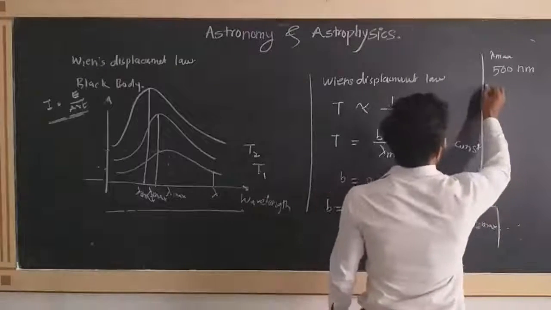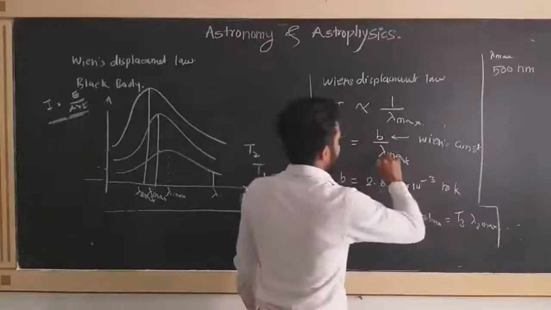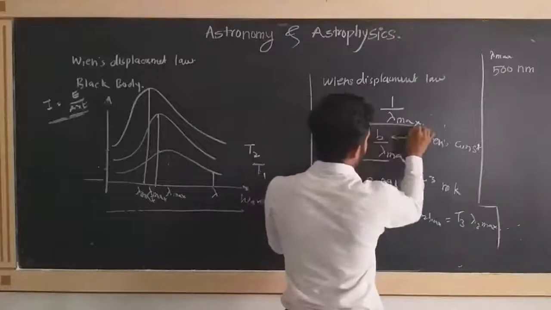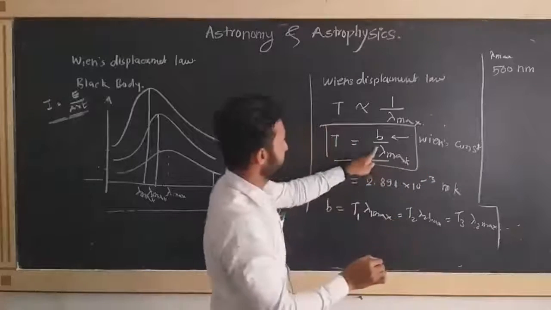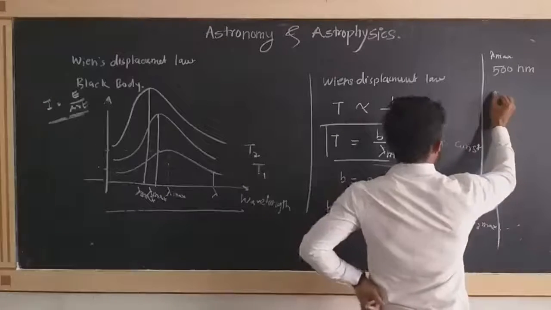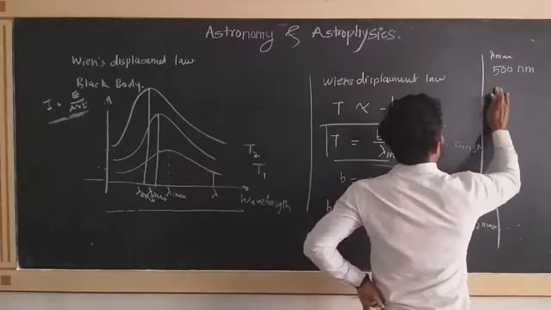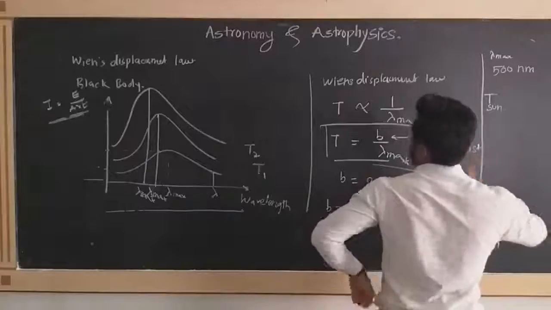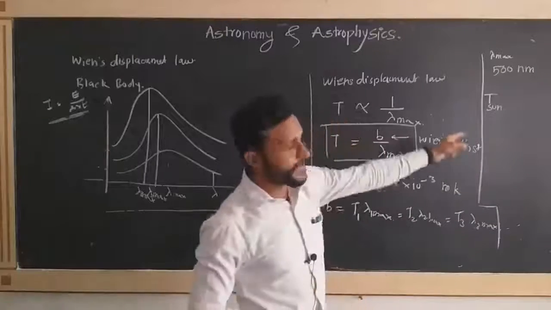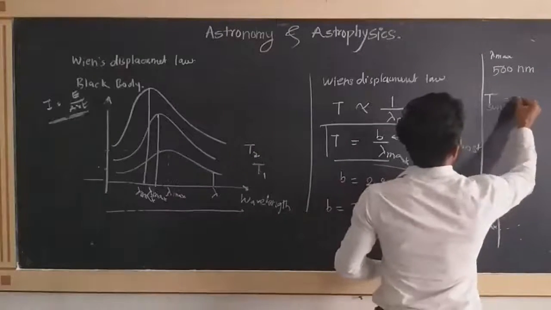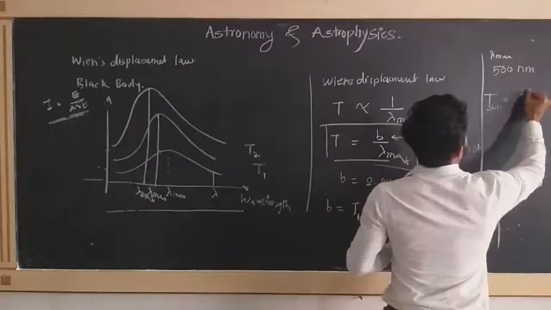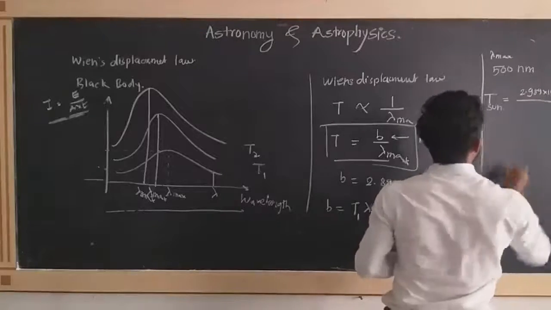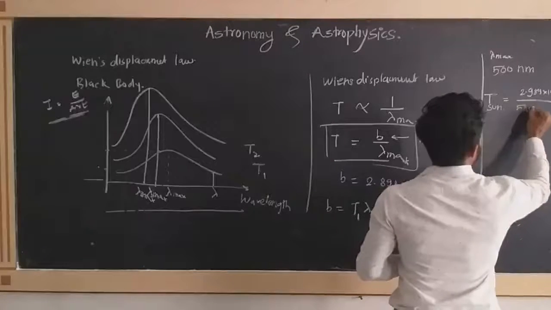And then if you put the value of that lambda max in Wien's displacement law, the temperature of the sun is equal to 2.898 into 10 raised to minus 3 upon 500 nanometer.